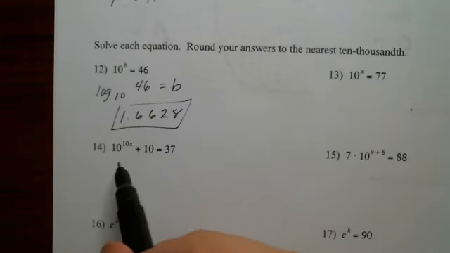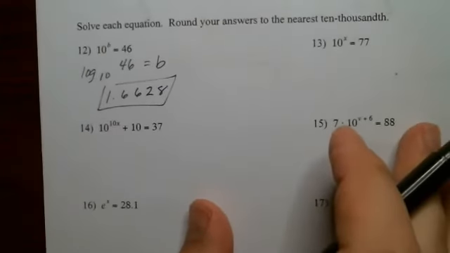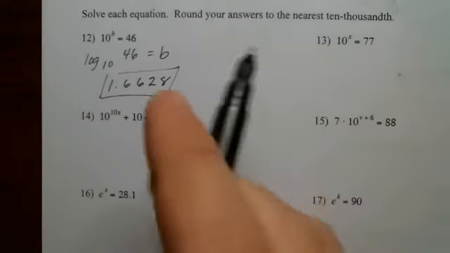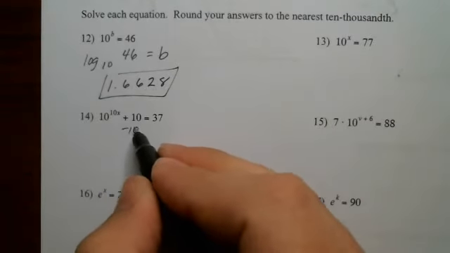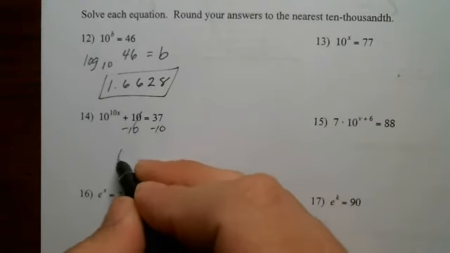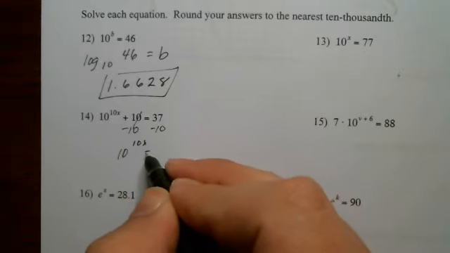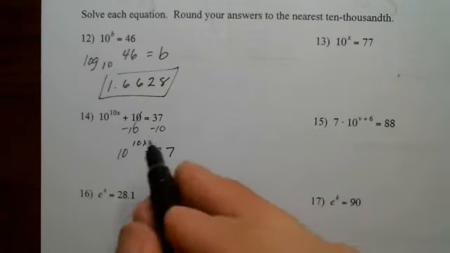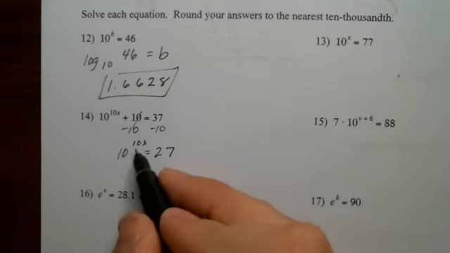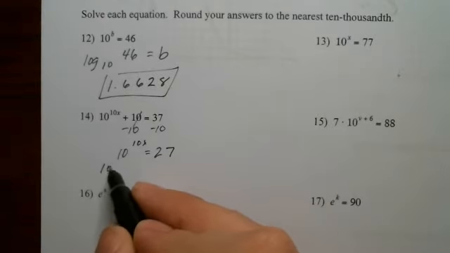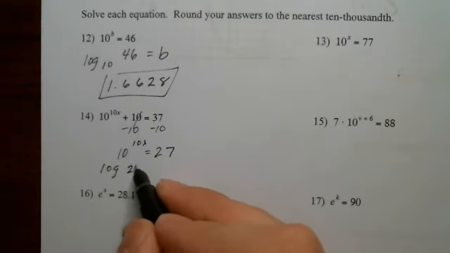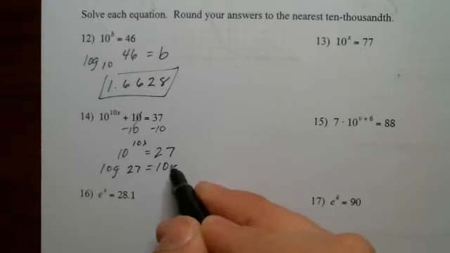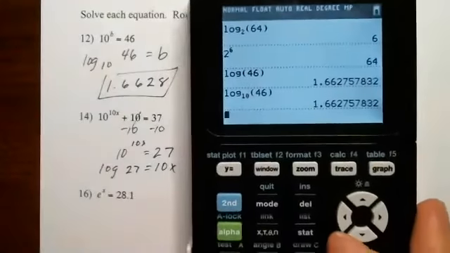Okay, over here, number 14. Stop me if you have a question. Number 14, I'd subtract 10 on both sides. 10 to the 10x is equal to 27. And then log it, right? So say log of 27 is equal to 10x. This is where I told you your calculator would definitely come in handy.